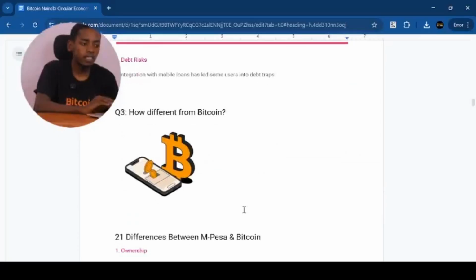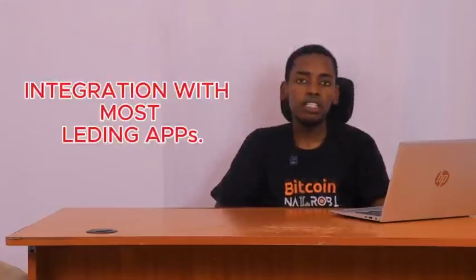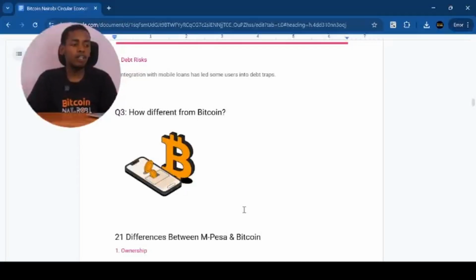Also, there's the debt risk. Integration with mobile loans has led some users into debt traps. That's why M-PESA really led people into debt traps, especially with the integration with most lending apps. You see Tala, Zenka, all these lending apps. Most people have been kept in debt traps where they have to pay debts.